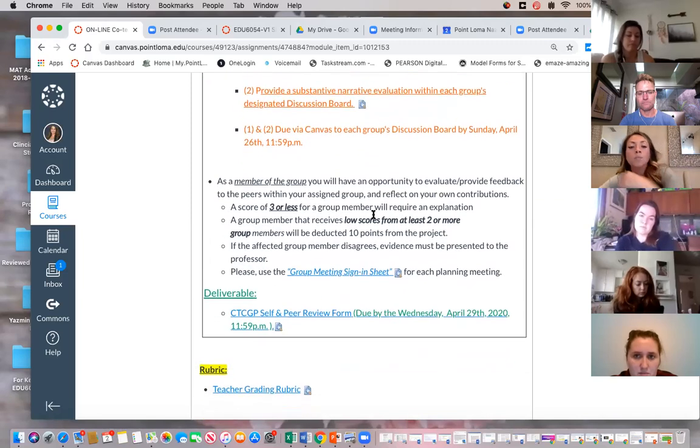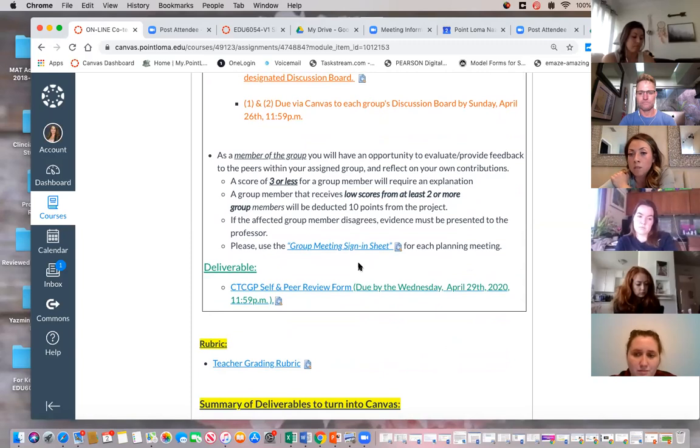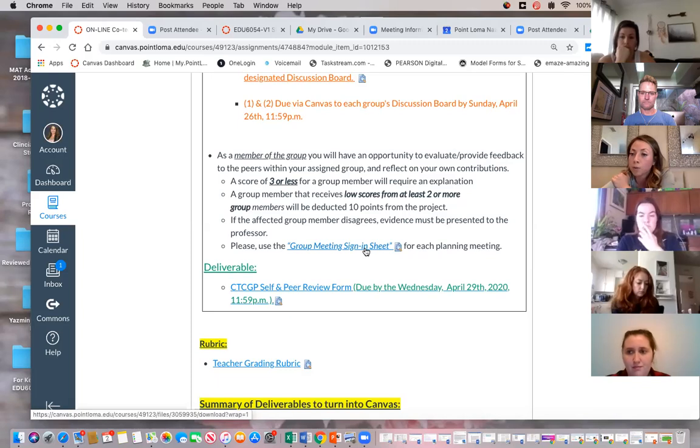And then the second part of the peer review forms is that you're going to evaluate your own group members. As you are meeting, this group meeting sign-in sheet is very important, because if anything goes wrong when you meet, or people are not putting in effort, or not doing their part of the work, I want you to document that here so we have some evidence, and everybody who is present knows what's being typed in there, so there are no concerns later on.